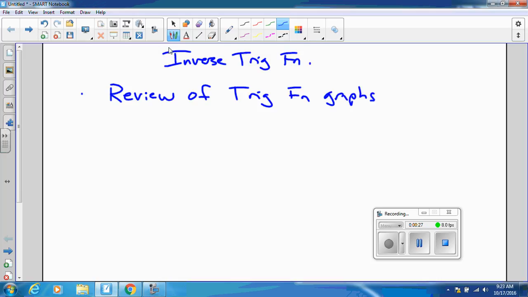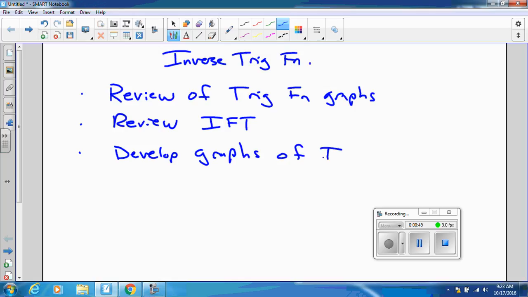So our first step is going to be to review trig function graphs, and then we're going to review our material for the inverse function theorem. And then from that, we're going to develop graphs of the inverse trig functions and their derivatives.